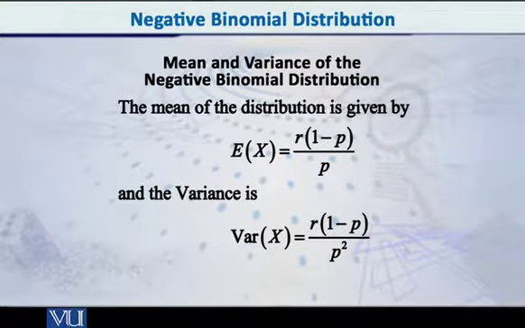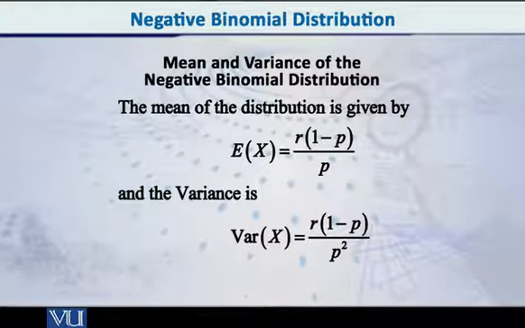इसके बाद, I would also like to talk about the mean and the variance of the negative binomial distribution. And without giving you any derivation here, I will simply give you the result of that derivation. The expected value of X, or in other words, the mean, is given by r into (1 minus p) over p. और अगर आप 1 minus p को q से denote करें, then it is r into q over p.